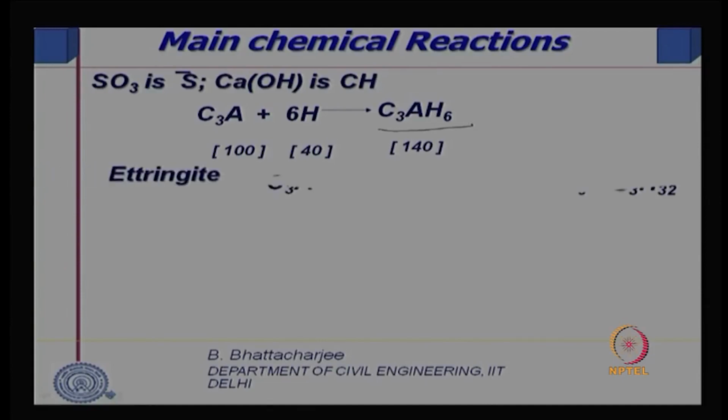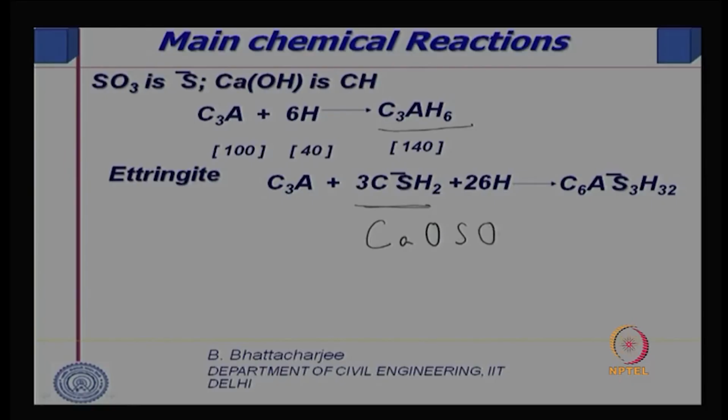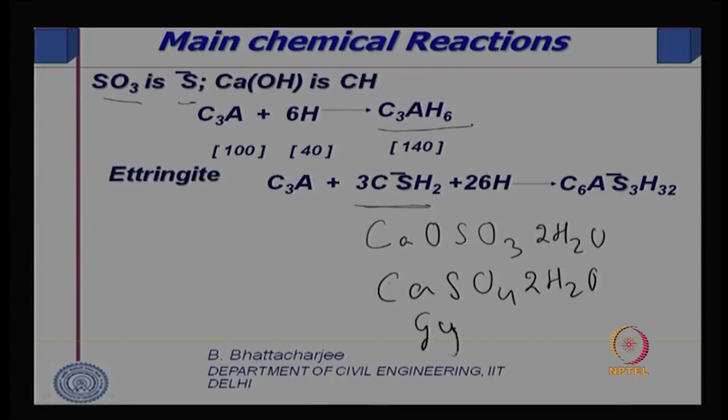But one more important reaction is that of C3A with calcium sulphate with water of crystallization, that is CaSO4·2H2O, gypsum, where SO3 is abbreviated as S bar. This gypsum is added to the cement to control setting, as we talked about in the last lecture.